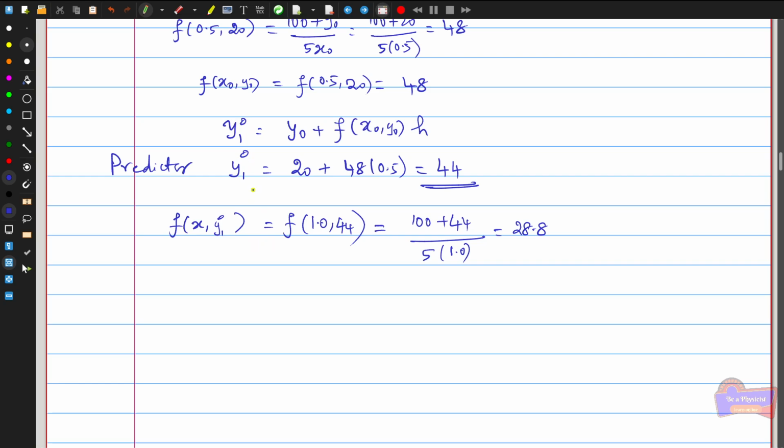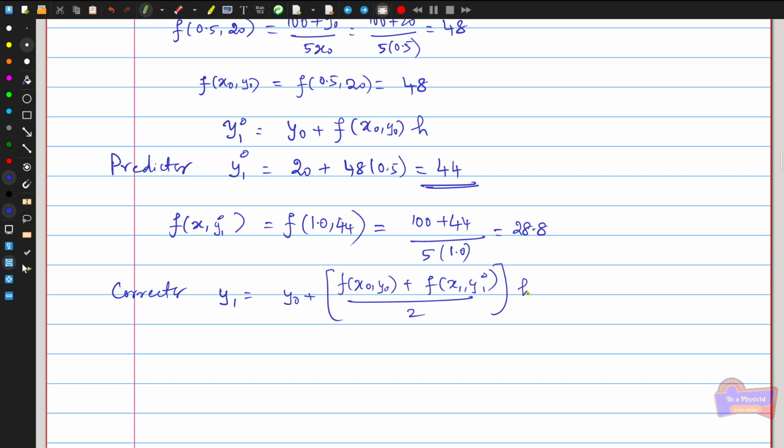So using these two slopes, with the corrector equation, I can calculate the corrected estimated value of y1, which is equal to y0 plus [f of x0 comma y0 plus f of x1 comma y1 of 0] divided by 2, times h.